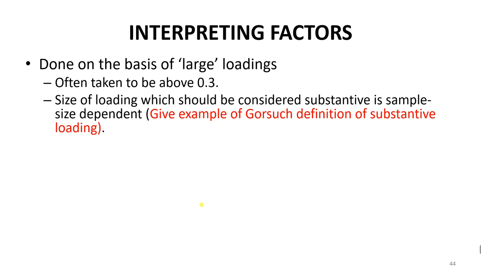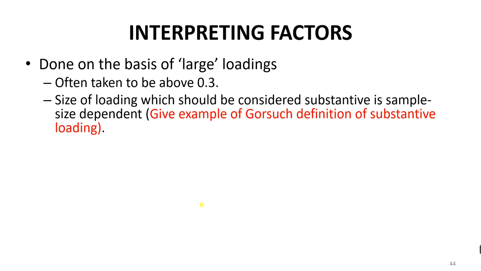So the size of the loading which should be considered substantive is generally sample dependent. 0.3 may be non-significant for a very small sample size, and this 0.3 value may be a highly significant loading for a larger sample size.